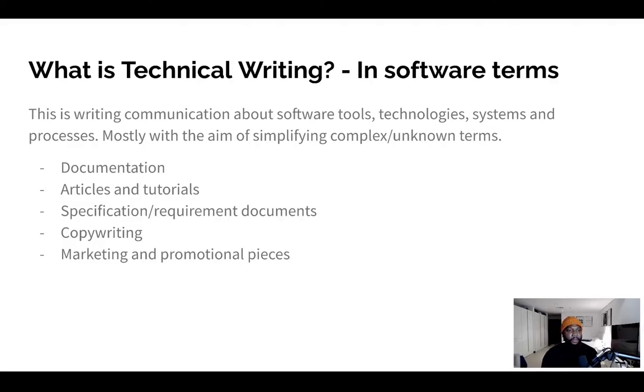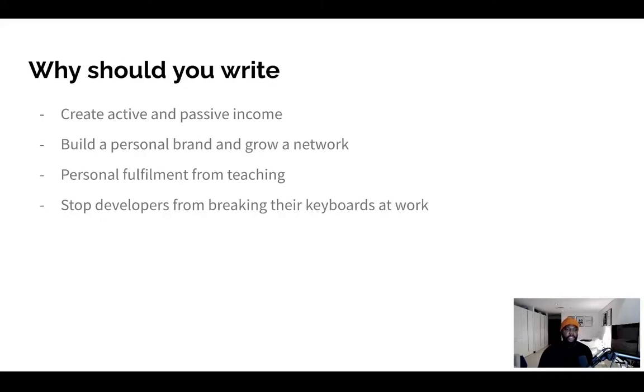So we're talking about documentations, articles, tutorials. It could be specification or requirement documents, copywriting on landing pages, marketing and promotional pieces. They all fall within the spectrum of technical writing once you're talking about software tools, technologies, systems, and processes.